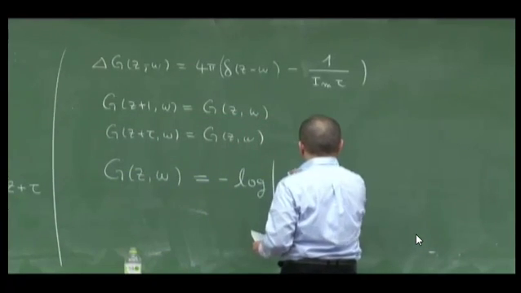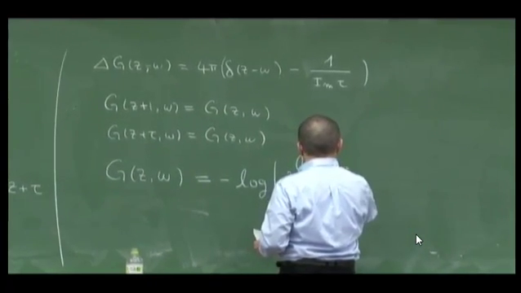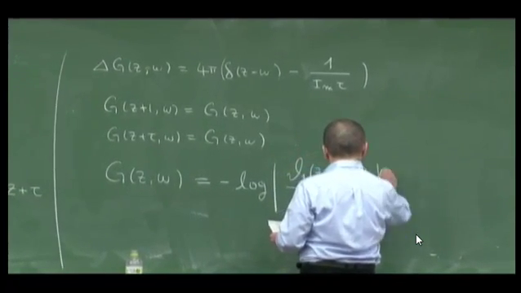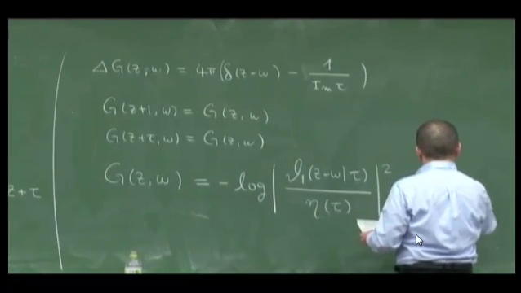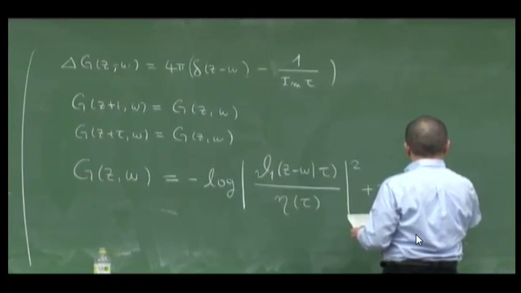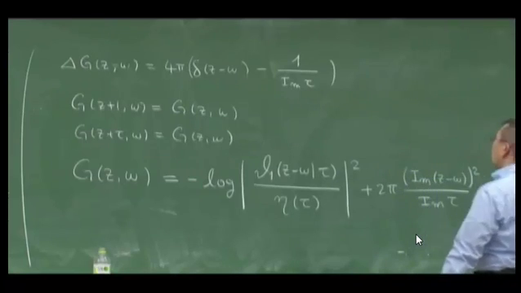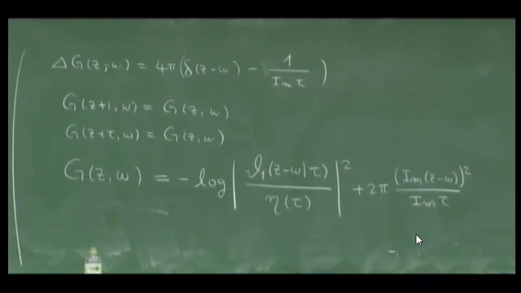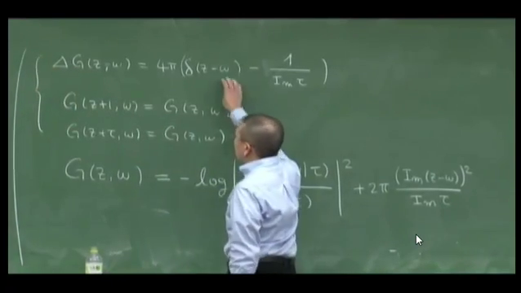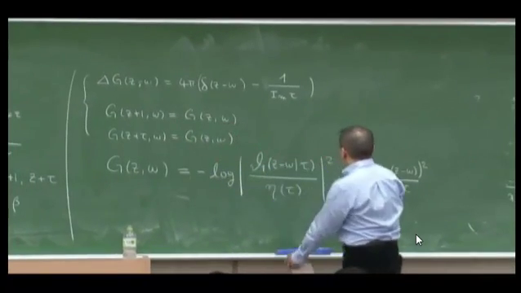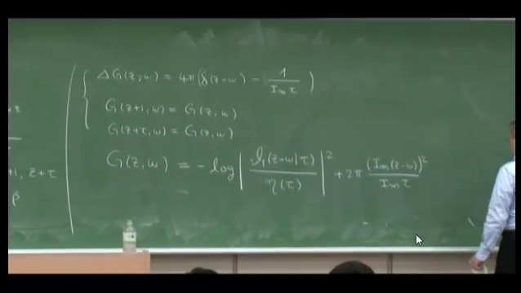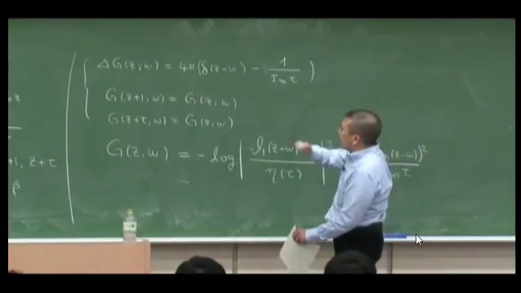So here is a solution. Okay, so this is a solution to these conditions: it satisfies the Laplace equation with a source, and it is periodic in both directions. The general solution, or unique solution, to this equation can be written in this way. Here this theta is the theta function that I wrote over there.